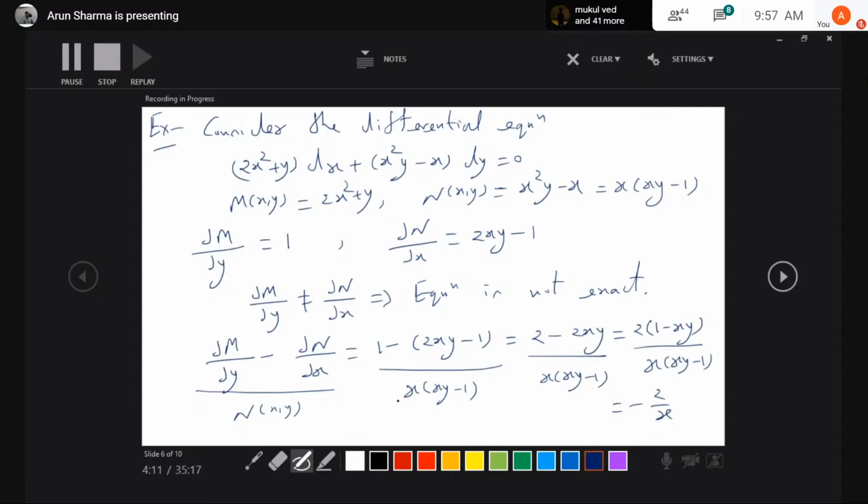And if it is a function of x, then our integrating factor would be e to the power of integral of minus 2 upon x dx. This one would be our integrating factor.